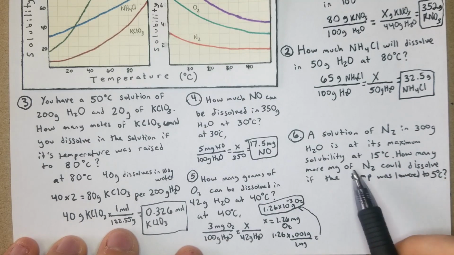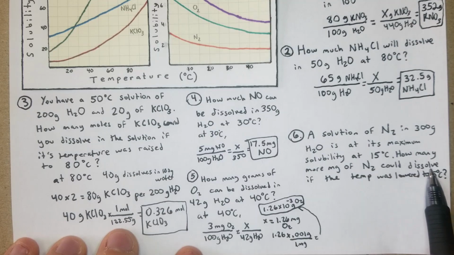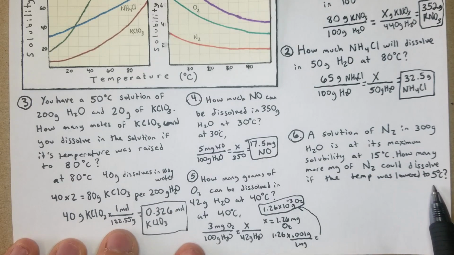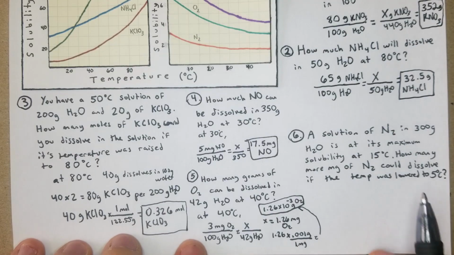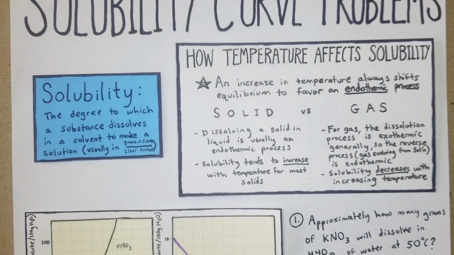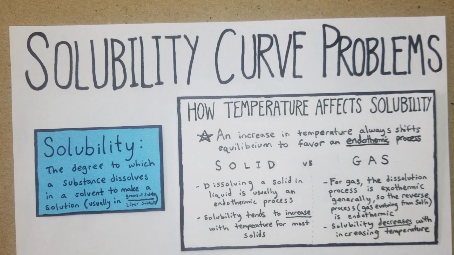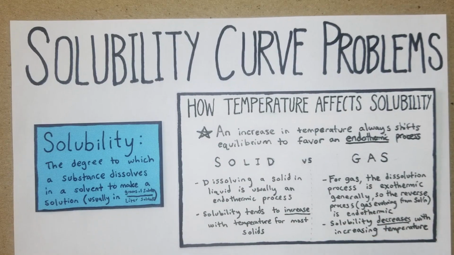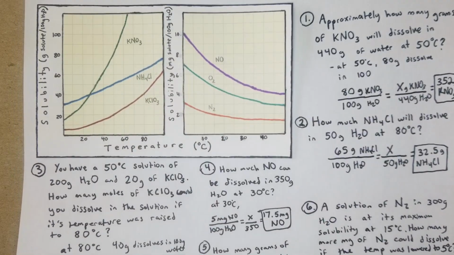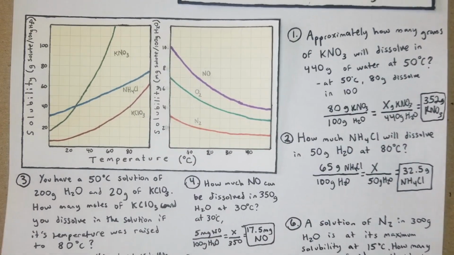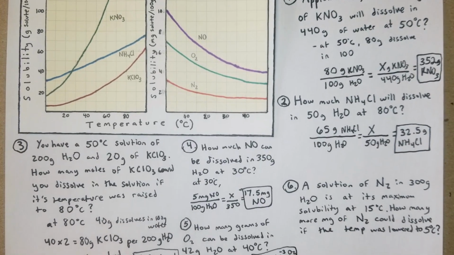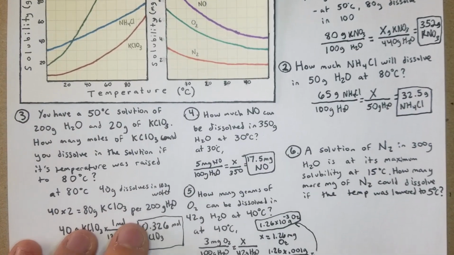So how many more milligrams of N2 could dissolve in the solution if the temperature was lowered to 5 degrees Celsius? And again, we can go all the way back to this part here. We know for gases, as the temperature increases, it's going to decrease solubility. So in other words, if you decrease the temperature, it should increase solubility of gases. So now we're going to see that kind of in action here.